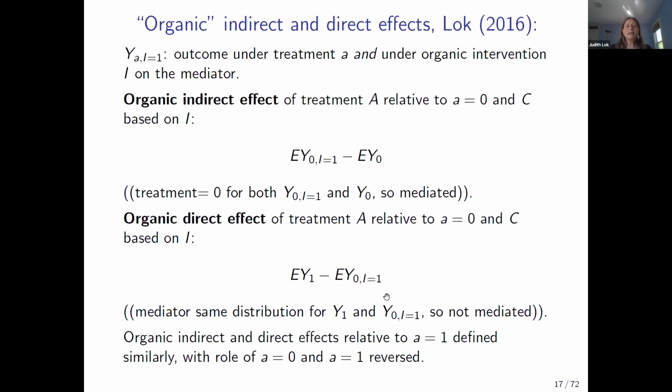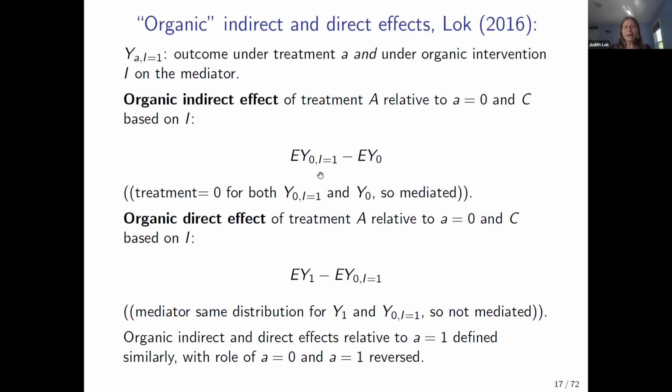And this gets us to the organic indirect effect of a treatment A relative to A equal to 0 and C, and the organic direct effect of a treatment A relative to A equal to 0 and C. So here, I equal to 1 is still the outcome under treatment A and under intervention I on the mediator.